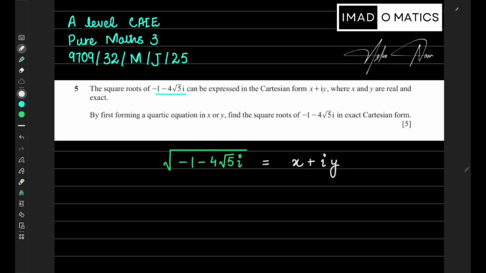You can use a plus iota b or x plus iota y, but we are already given x plus iota y, so we are using that.